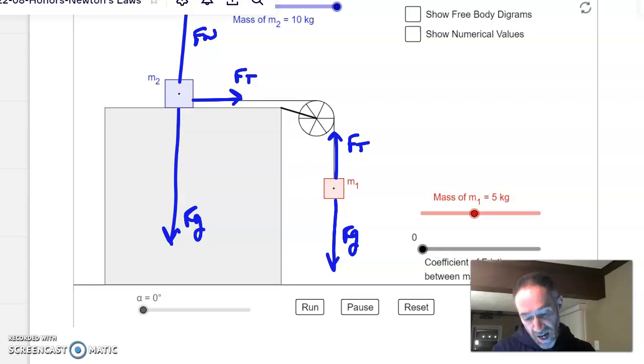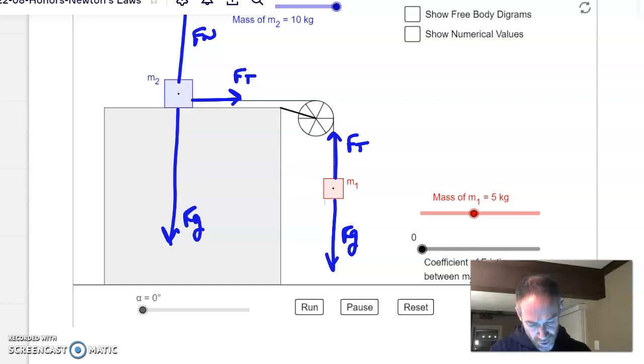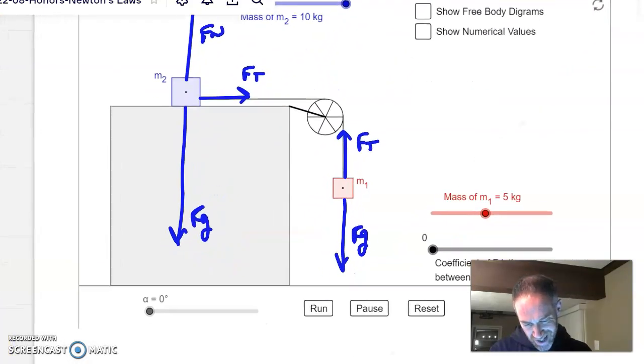Over on the other mass, I put the same size force of tension. Remember, with a lightweight, frictionless pulley, you can't stretch one side of the string more than you stretch the other. So the tensions are going to be the same size. Not really important to this problem because there's no friction, but the Y forces are there. I got a force of gravity that's twice as big as the force of gravity on the other one, and I have a normal force that's real big too.